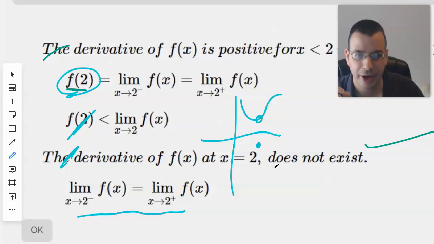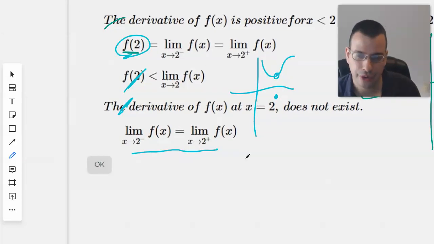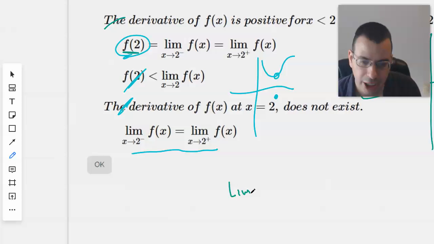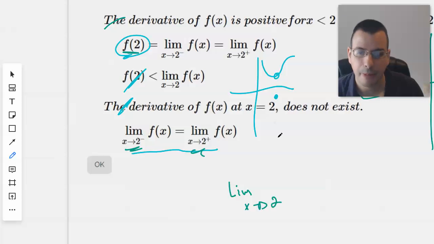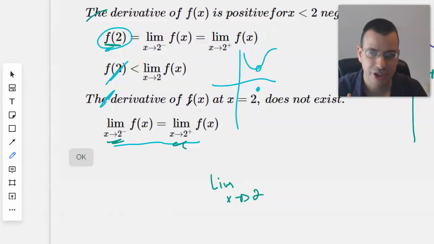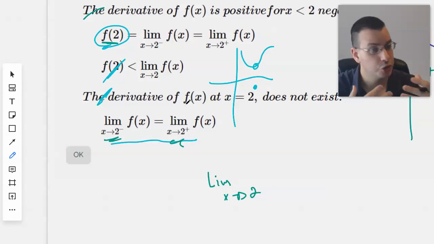So when you're talking about a limit, limit as x approaches 2 implies that the value from the left side and the right side are the same, but it doesn't say anything about the actual value f of 2. While continuous, you do have to have that f of 2 existing.